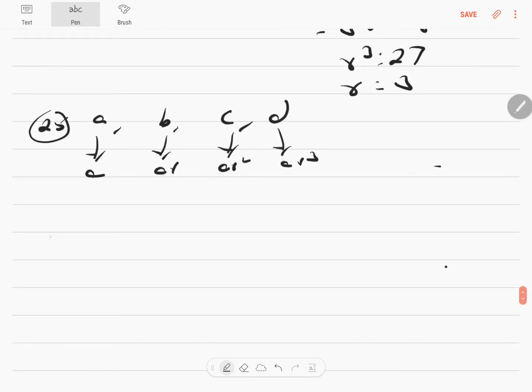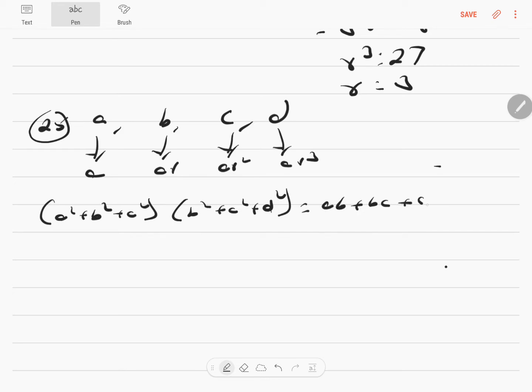Now, they are asking you to prove that (A square plus B square plus C square) into (B square plus C square plus D square) is equal to (AB plus BC plus CD) the whole square.